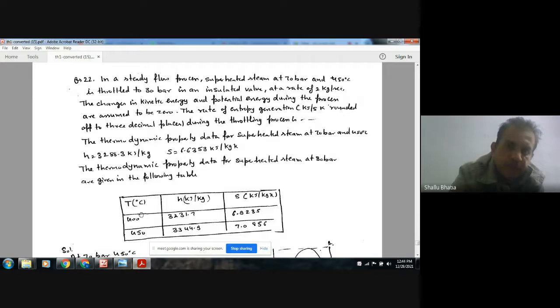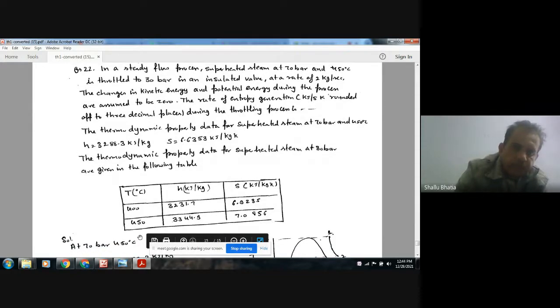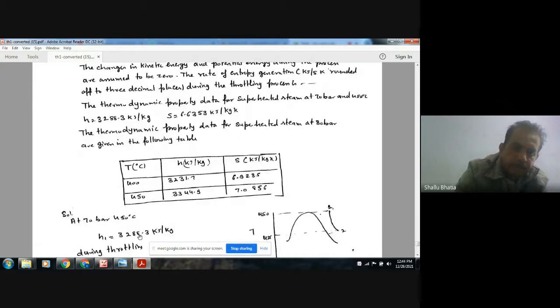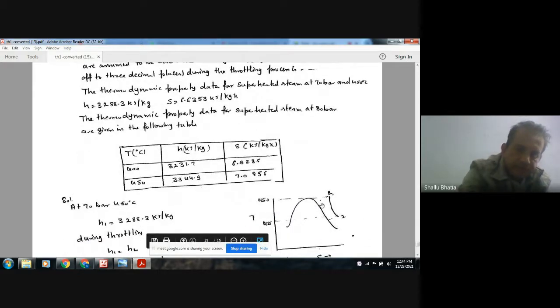The thermodynamic properties are given at 70 bar and 450 Celsius, and at 30 bar. Let state one be the inlet and state two the outlet. The temperature at state two is still unknown, but the pressure is known: 30 bar.